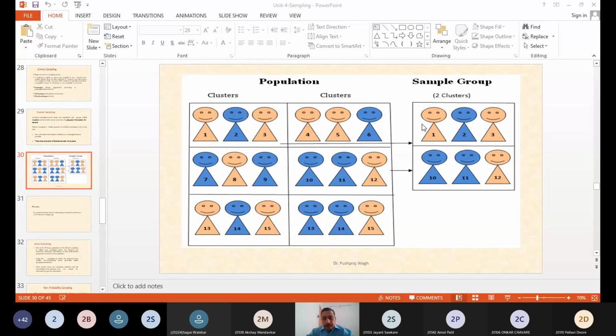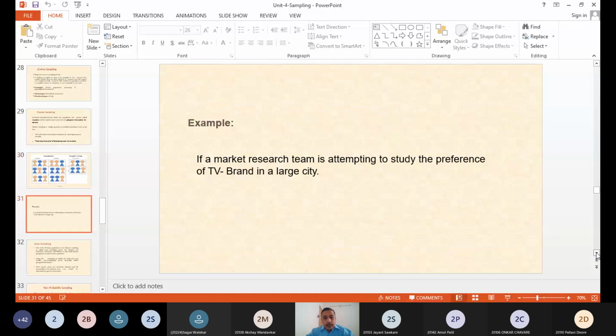Omkar, Yogesh, Sagar, Pallavi? No, sir. Hmm. So we'll go ahead.